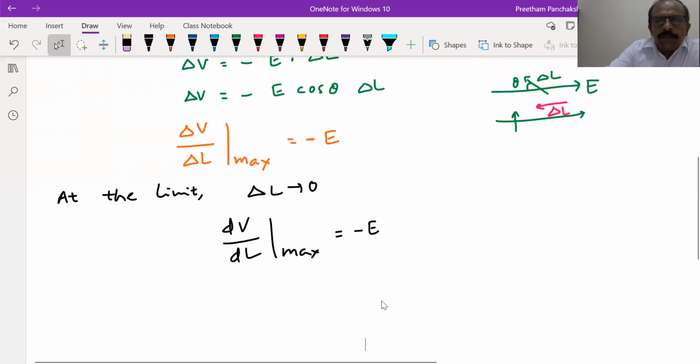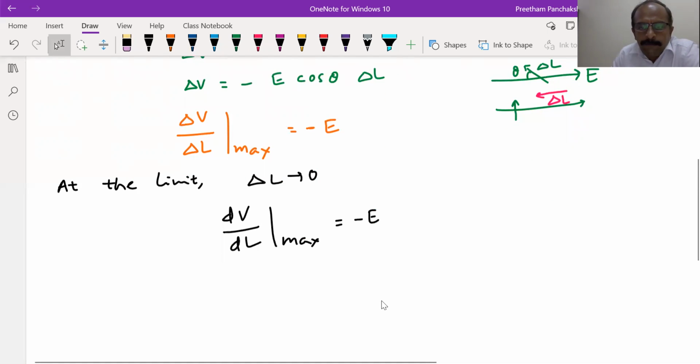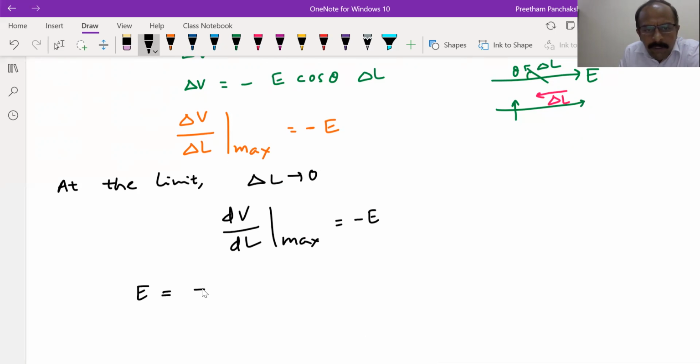So this equation gives us the magnitude of electric field. So we can take electric field to the left side, then it is equal to minus dV by dL max.